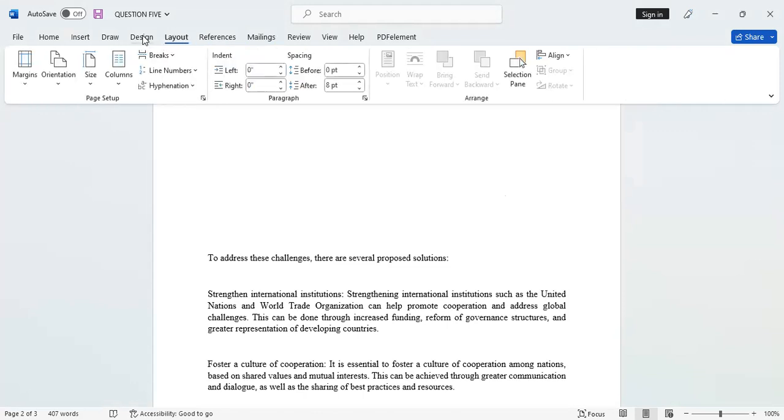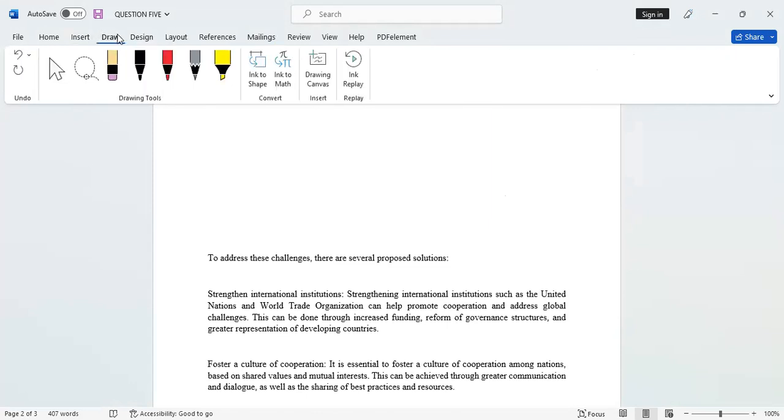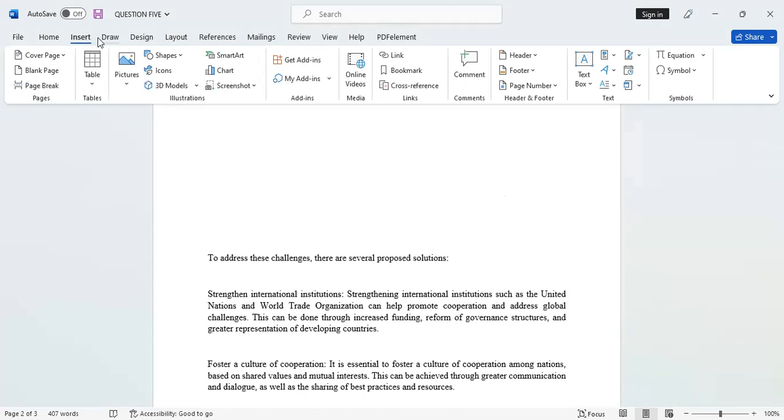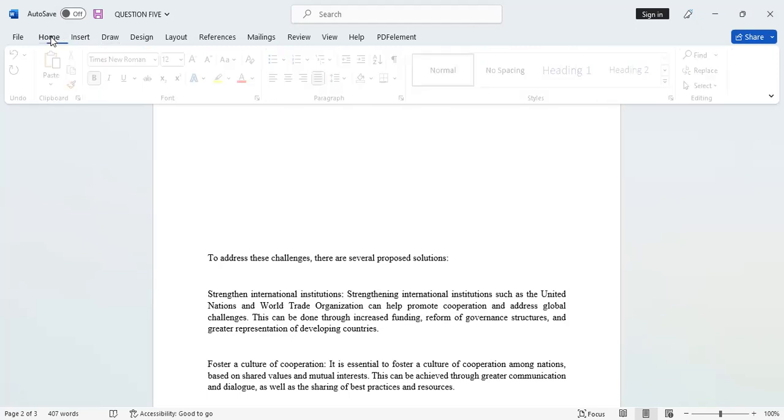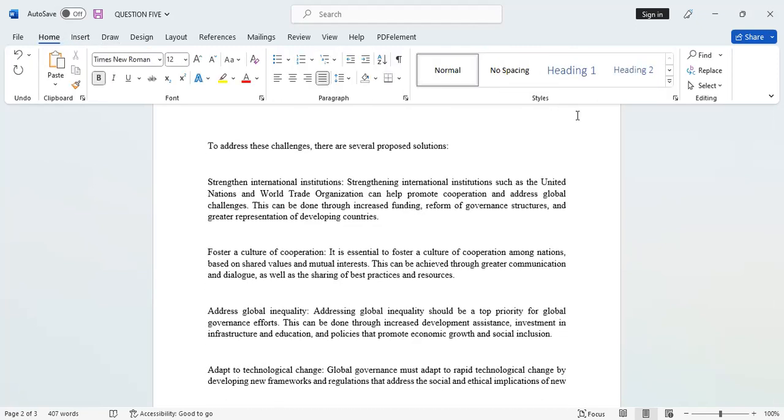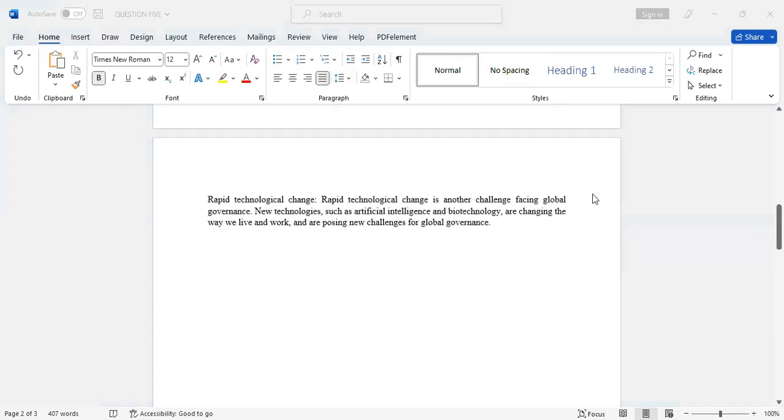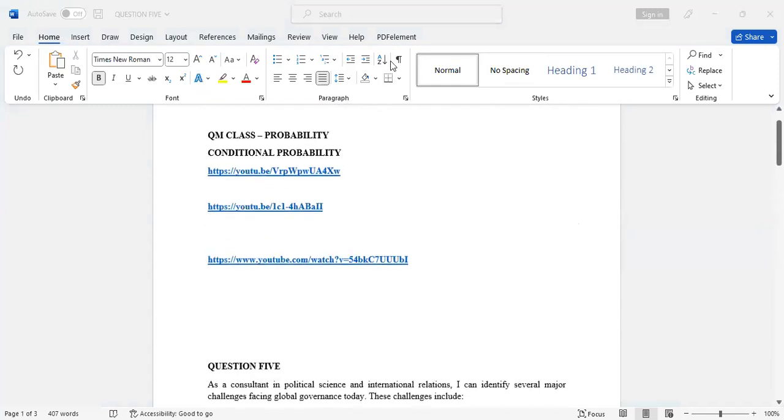So for this one, we really need to understand the fact that this conditional probability is on an aspect where we look at the probability computed based on other probabilities given.